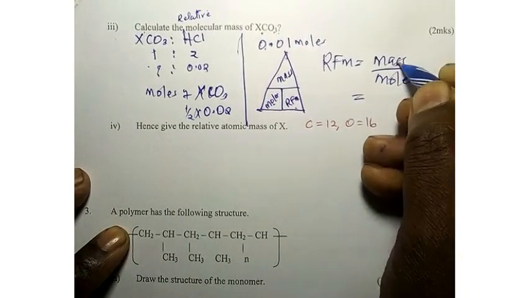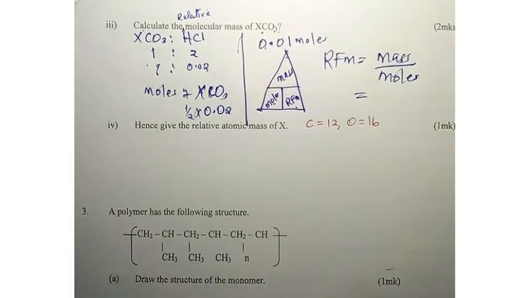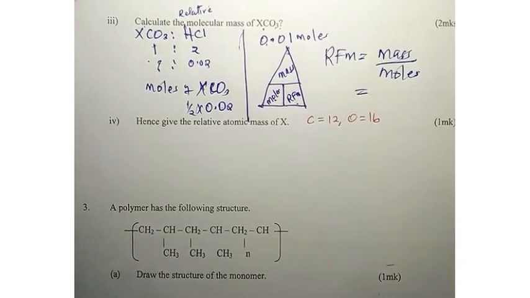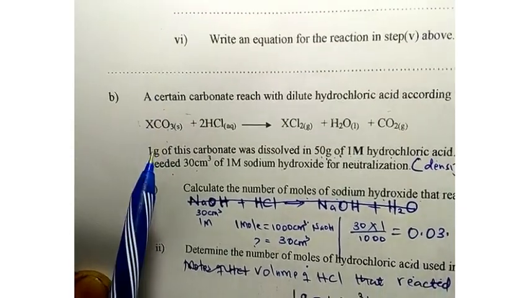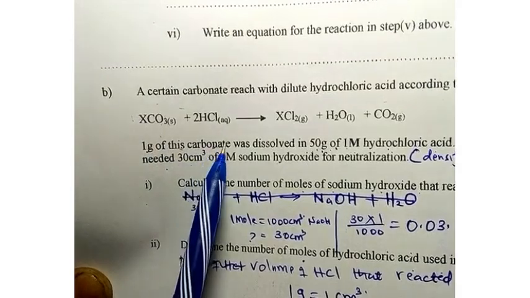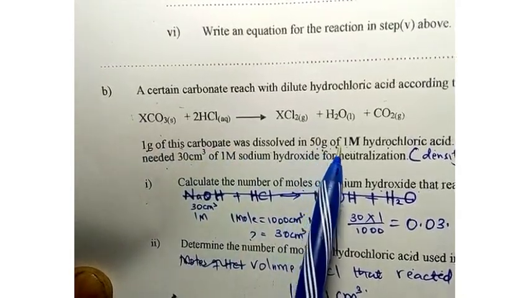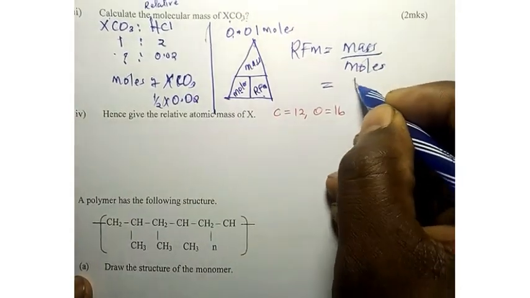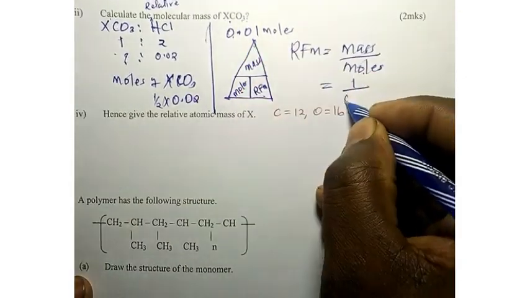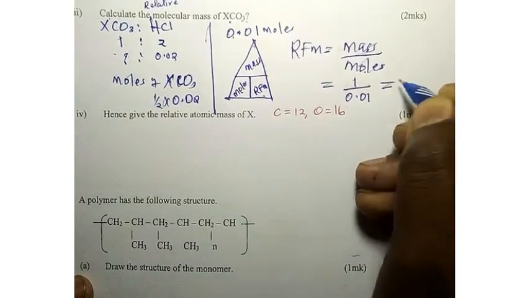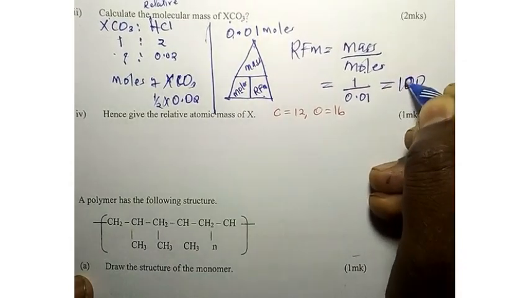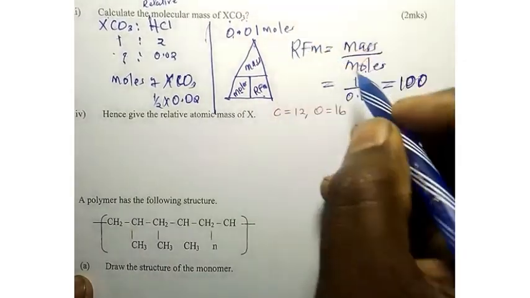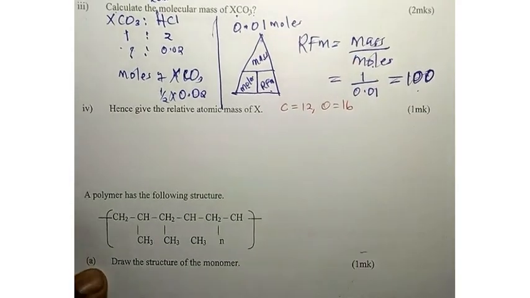Remember the mass of the carbonate was 1 gram, dissolved in 50 centimeters cube. Therefore, 1 divided by the number of moles, which is 0.01, will give us 100.